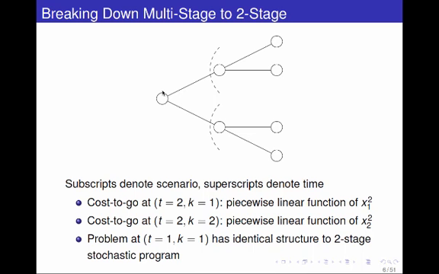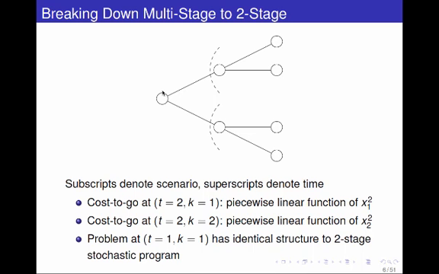So what is this? Descendants in period 3 of scenario 1 of the previous time period. Who is born from scenario 1 of period 2? Scenario 1 and 2. Right.